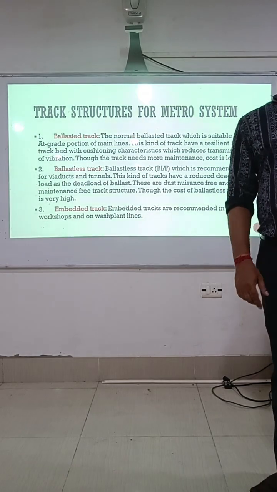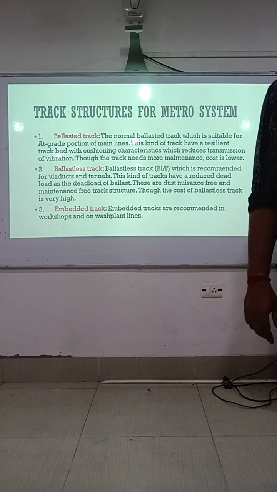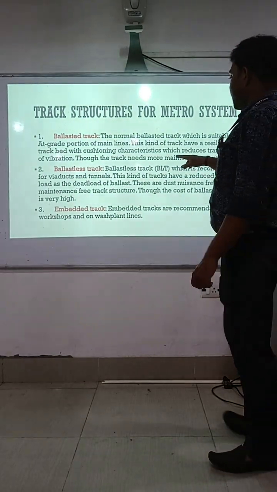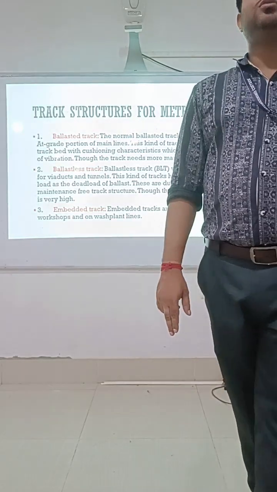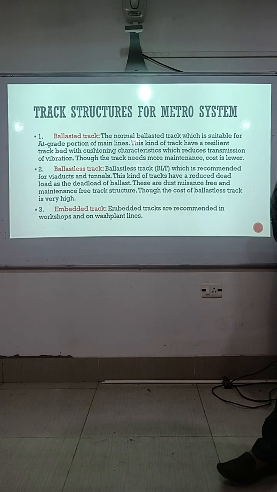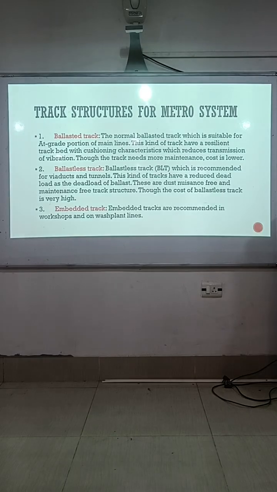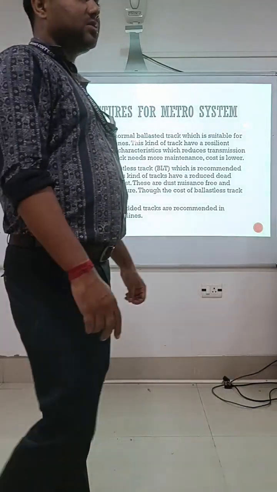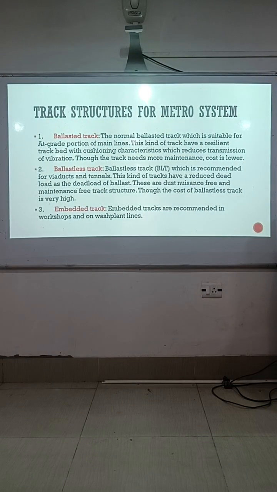When these ballasts are provided in between the tracks, that is called ballasted track. When ballasts are not used in between the tracks, those are called ballastless tracks. And when the tracks are embedded and no ballasts are there, only the ground surface is in between the tracks, that is called embedded tracks.